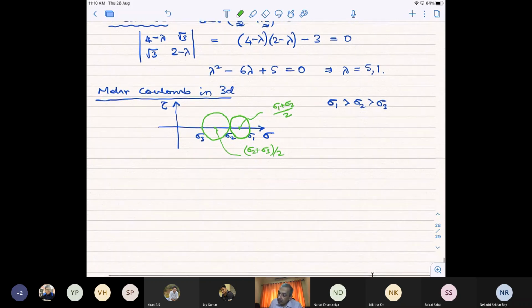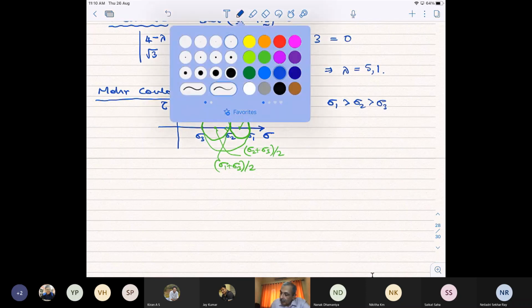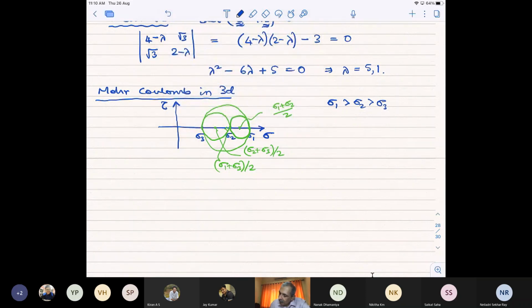But when I consider sigma 1 and sigma 3, this is sigma max and this is sigma min, and you can clearly see that the circle is going all the way around, and this has a center over here. A little bit complicated with sigma 1 and sigma 3. What it says is that these other circles, with sigma 1 and sigma 2 and with sigma 2 and sigma 3, lie within the big circle.